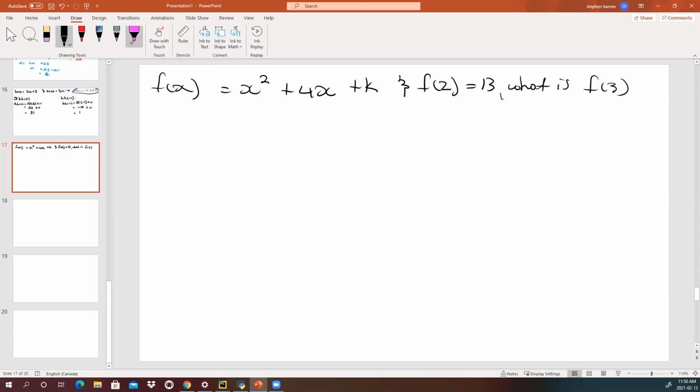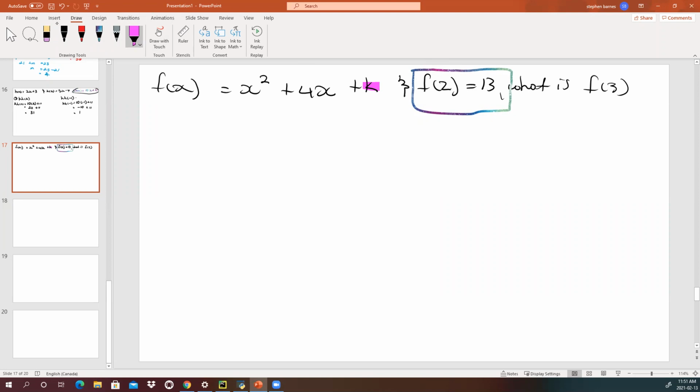So we start with the information we know. F of x, when we input 2, we know that I'm using this information here to initially find out the formula, because what we know about this is that we have an unknown. In this case, our unknown is k. So we need to find out what is k first before we can know what f of 3 is.